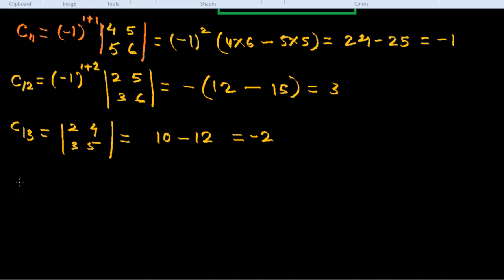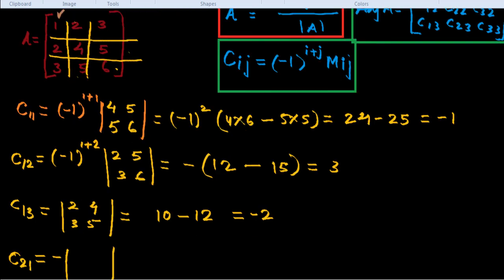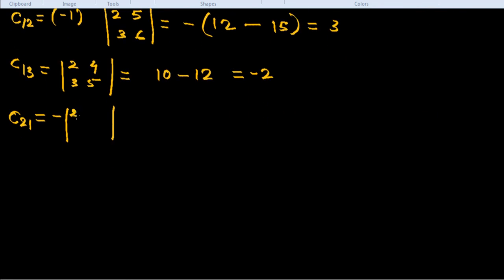Now C21. 2 plus 1 is 3 which is odd, so we take a negative sign here. A21 is this 2, so we leave this row and this column, and the remaining elements we put: 2, 3, 5, 6.